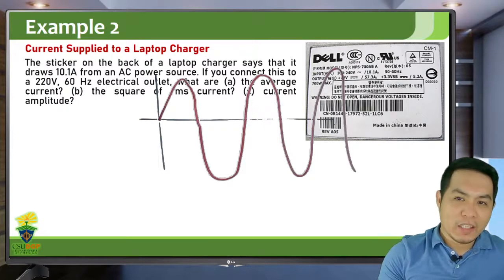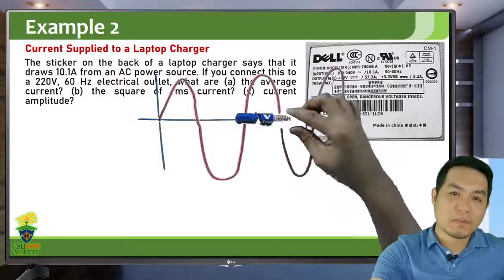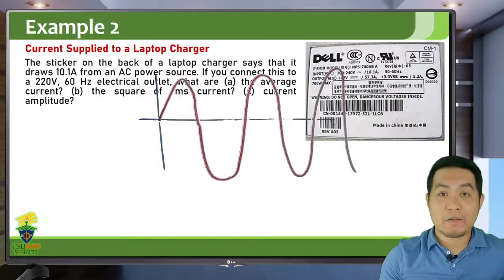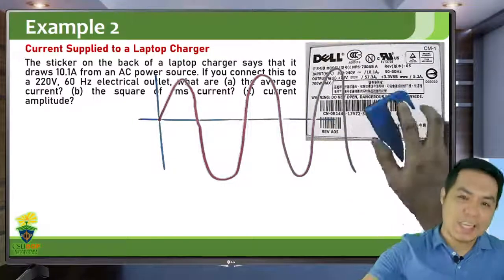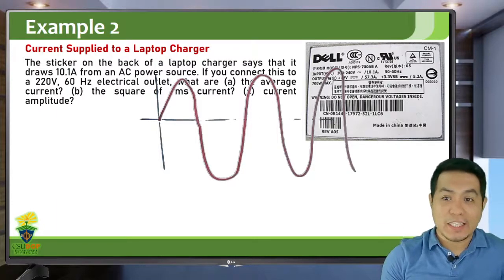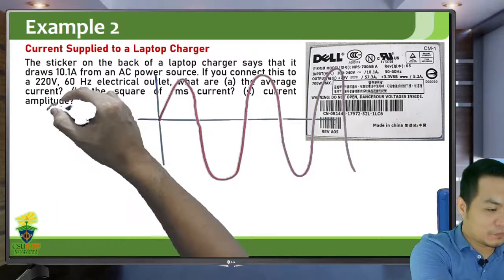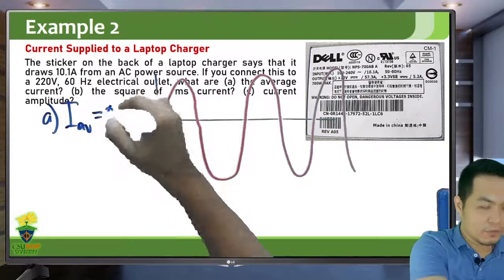If you look at this graph, half of the time it's positive, half of the time it's negative. Therefore, the average is 0. Actually, the average of any sinusoidal function, sine and cosine, is 0. So the answer for letter A is 0.